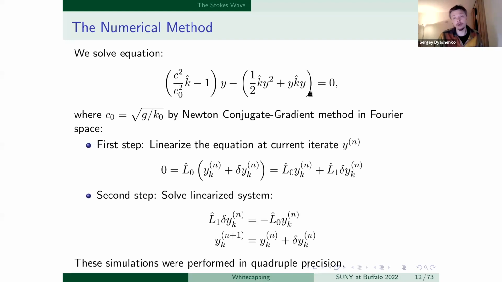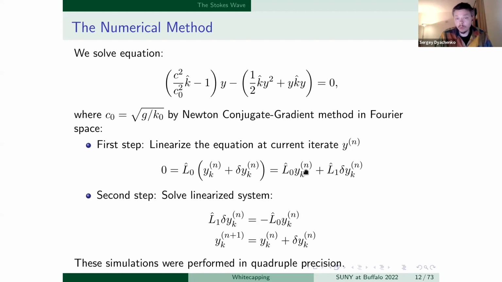It turns out that on the Fourier side, things converge a little bit nicer than in u space. Anyway, when you apply this operator of the Babenko equation to the current iterate plus correction, you can linearize on top of the current iterate, writing down L naught applied to the current iterate plus some operator L1, which is the linearization of the Babenko equation, applied to delta y.